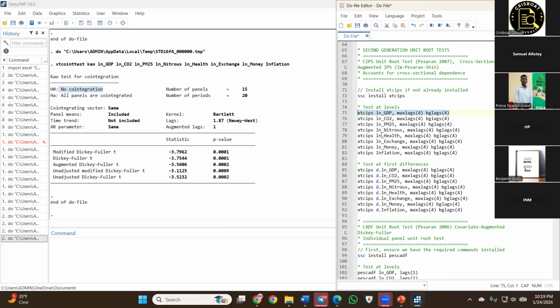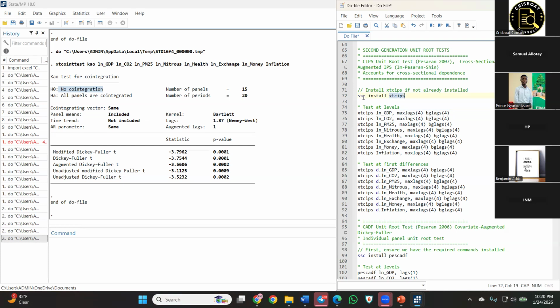So let's run for GDP, for CO2, PM2.5, nitrox, health. Please, if you don't have the SIPS, kindly install it.